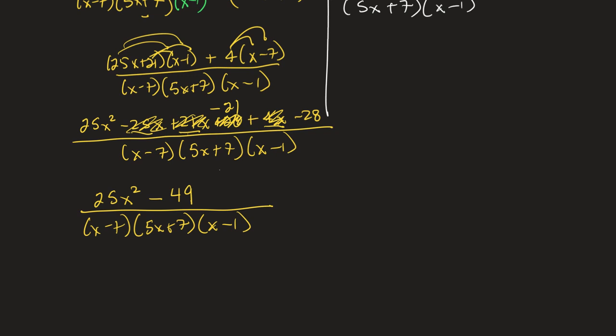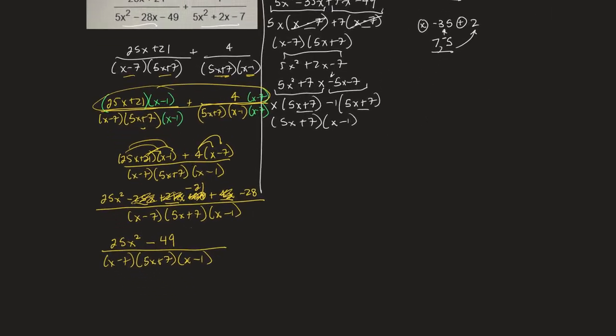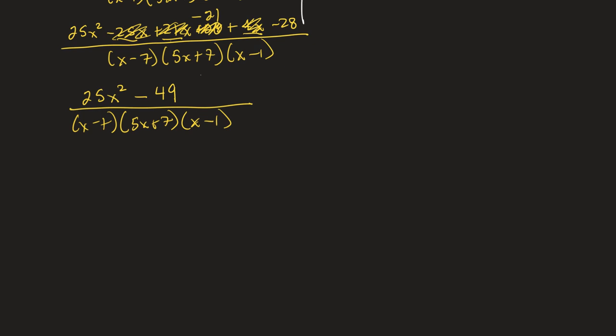I'm feeling pretty good at this point, but at the first they said, if possible, simplify. So I'm a little bit gun shy here because I'm thinking maybe I can factor this. It looks like a difference of squares, because 25 is 5 squared and 49 is 7 squared.